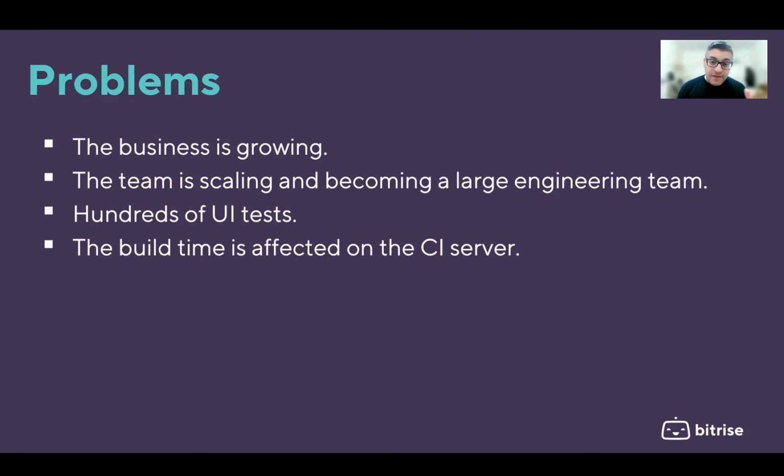The build time is affected as well on the CI server. If we integrate our test scripts with the CI server, this affects the build time, because running UI tests takes a huge amount of time. And even as we add more tests, this will also affect the CI server.